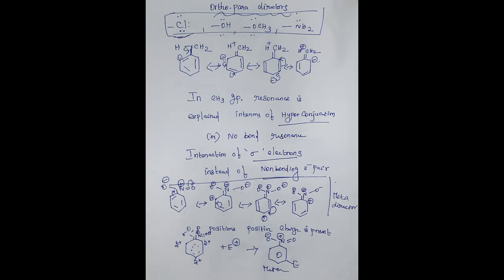It is represented as delta plus. You can see in the resonance hybrid, the delta plus is present on the 2nd, 4th and 6th positions. That is the ortho and para positions. So the electrophile does not want the ortho and para positions. It wants to enter the meta position. So we are getting the meta product.